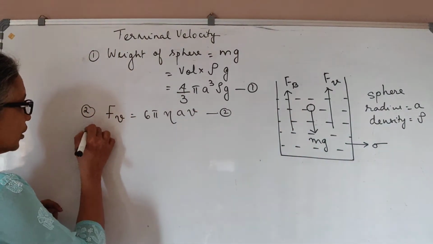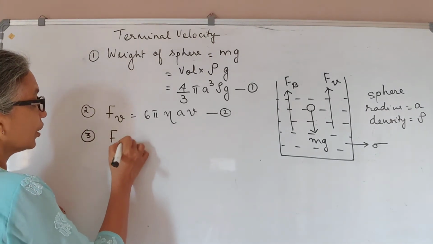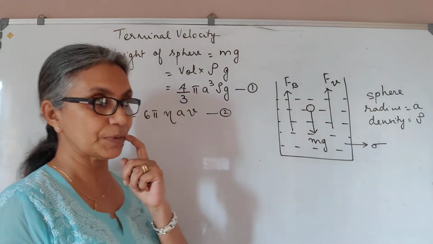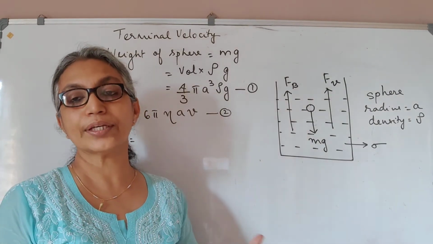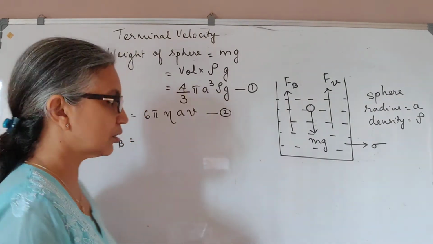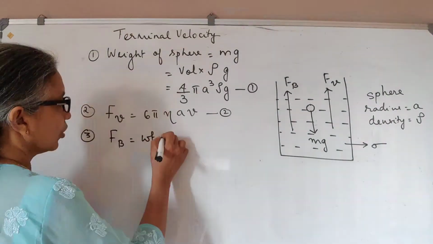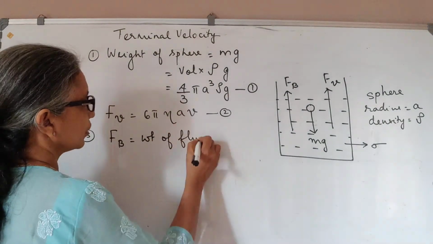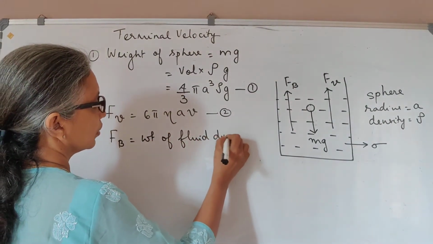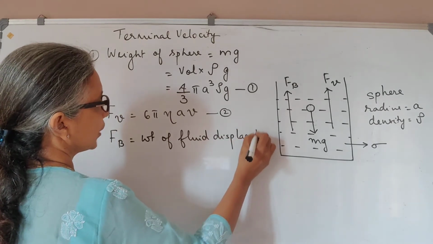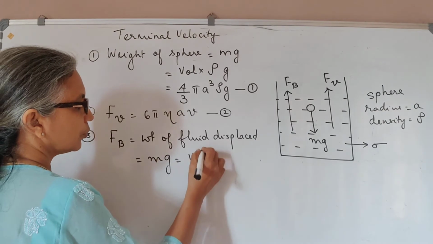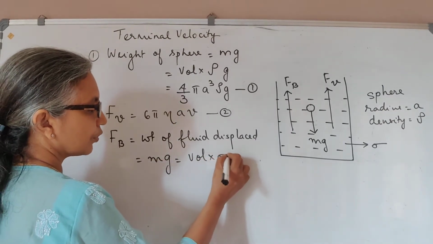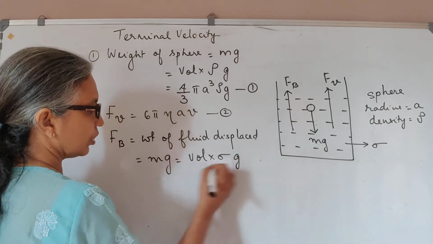And we also have the third one, the buoyant force, given by Archimedes' principle, which says that the buoyant force on a body is equal to the weight of the fluid displaced. So weight of fluid displaced, which is again mass of the fluid into g, which is volume into density of the fluid, sigma, into g.